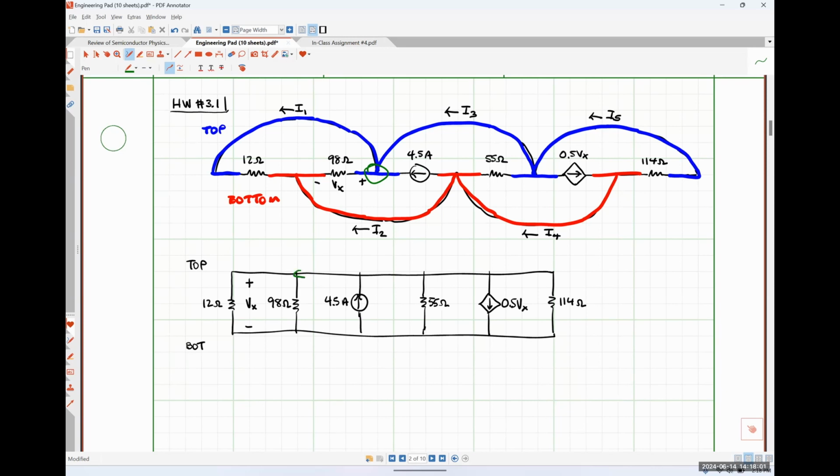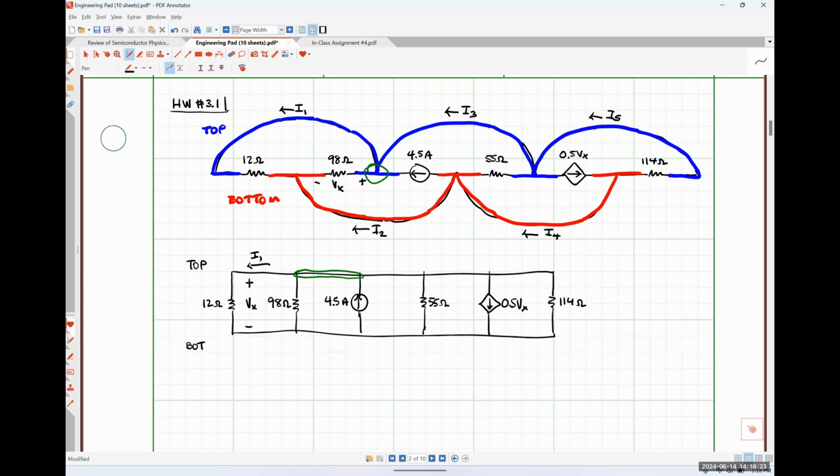So that's effectively this node right here. And it's flowing through the 12 ohm resistor on its path to the bottom node. So I would say that this represents my current I1.